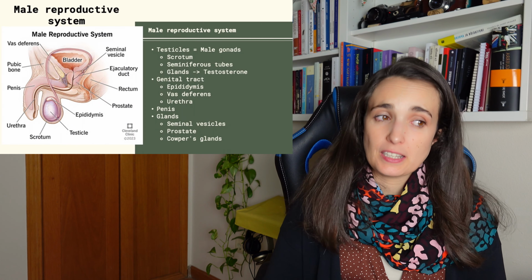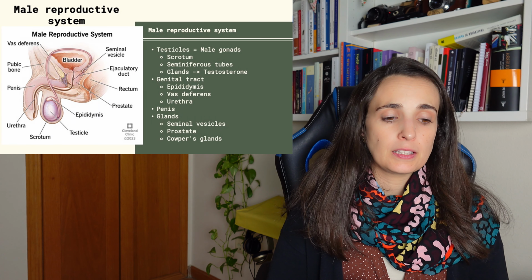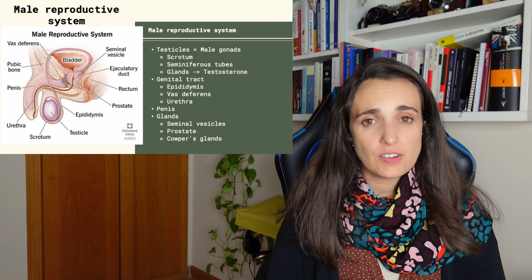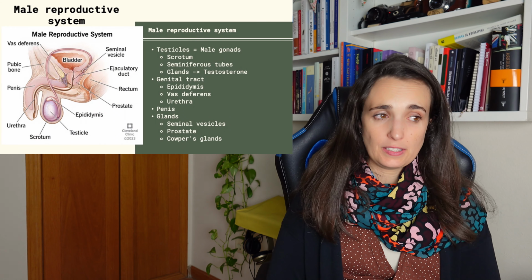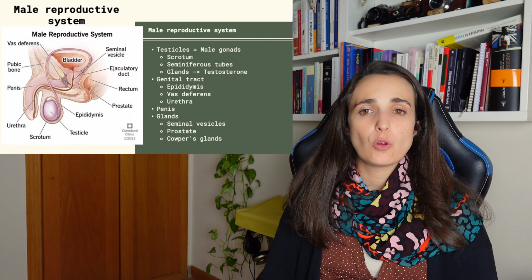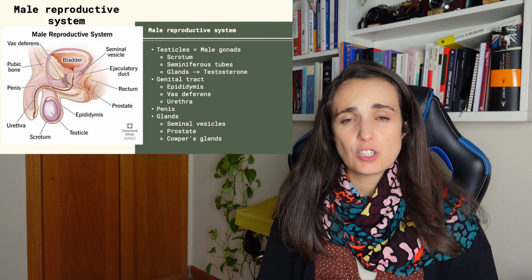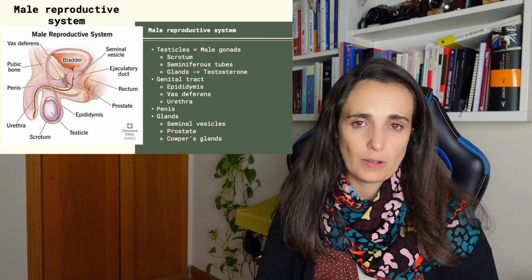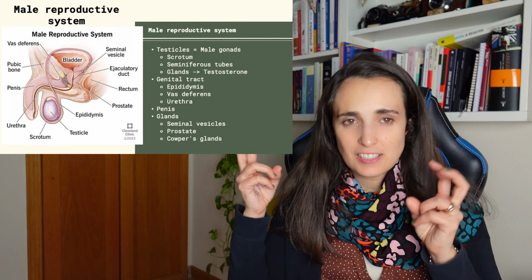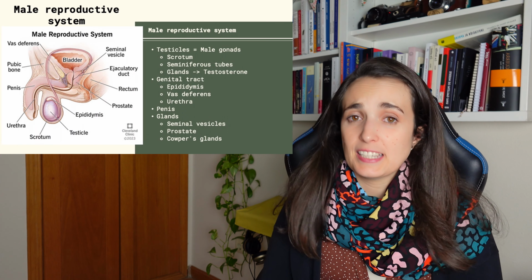The penis is just the penis, okay? Inside we can find the urethra, which will communicate the seminiferous tubes with the bladder, so both urine and spermatozoids will go outside by the same exit, let's say, and this is what we call the genital tract, okay?